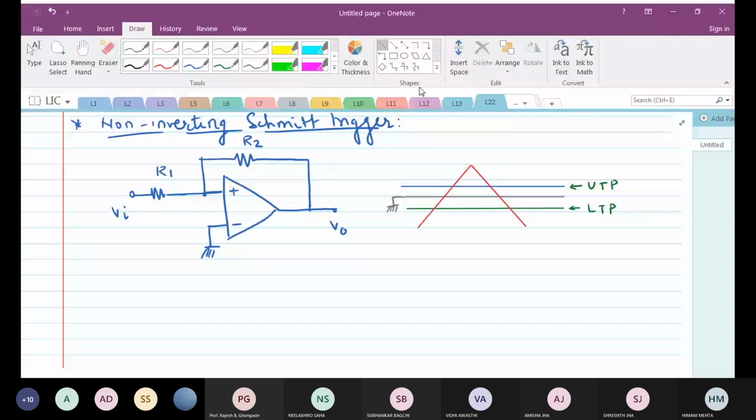And correspondingly, this will be the output of the circuit.